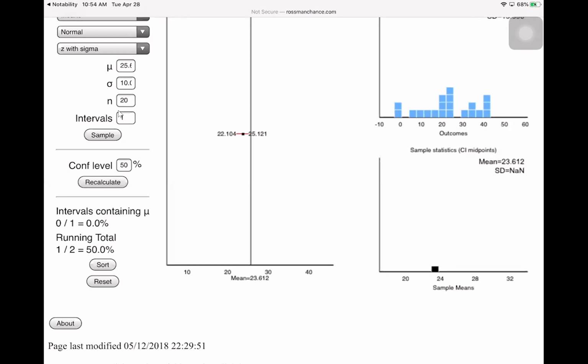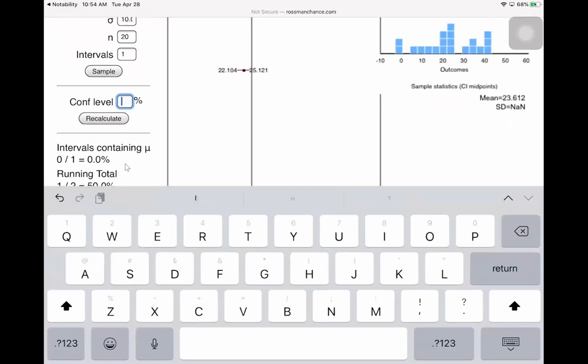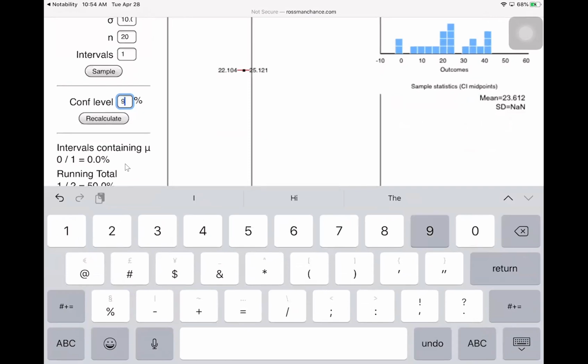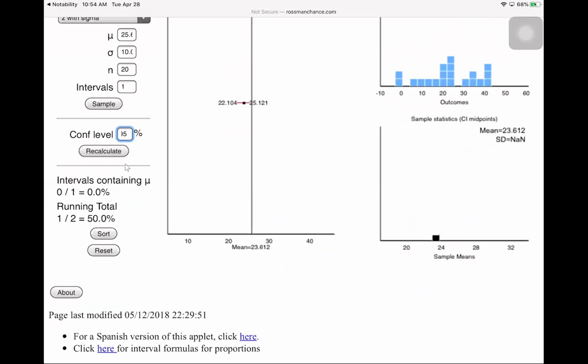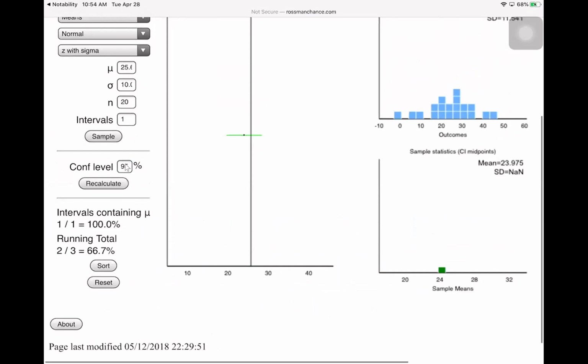All right. So when we do a confidence interval, it's not meant to be done only one time. It's meant to be done multiple times. Because the confidence level is telling me, if I keep on doing confidence intervals, how many times it would be correct and how many times it would be incorrect.